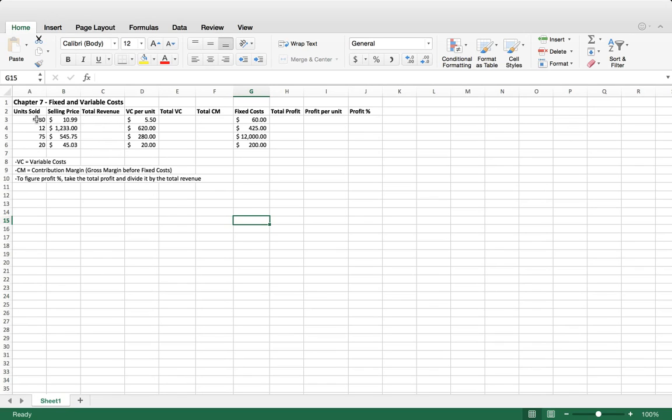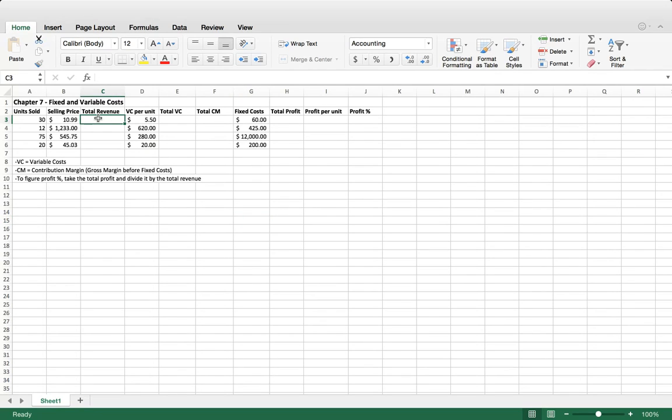These are the variables that you're given: the total units sold, the selling price, the variable cost per unit, and the fixed costs for producing the items that we're selling. So here we have 30 units at a selling price of $10.99.